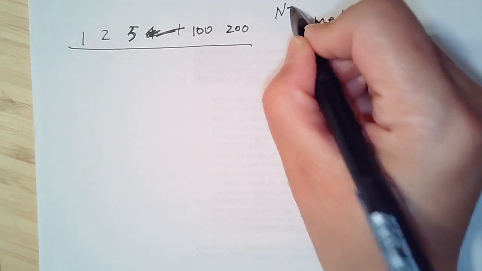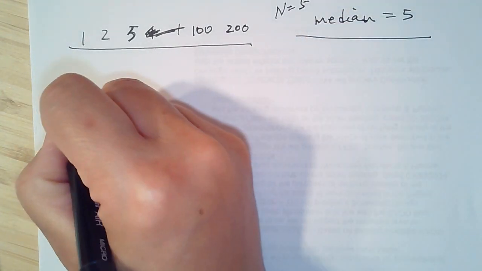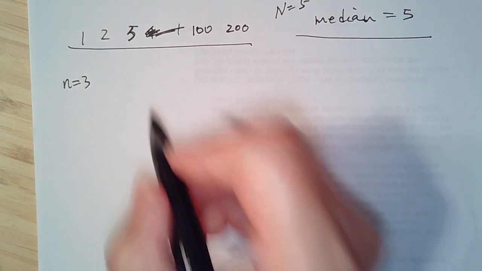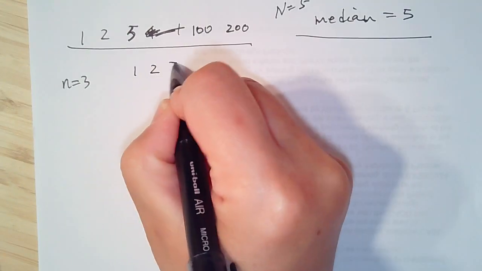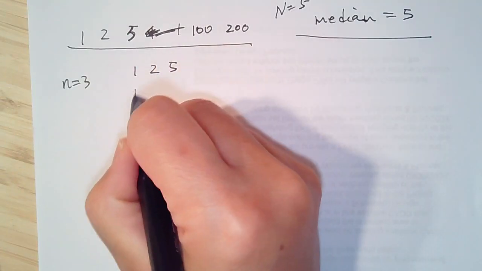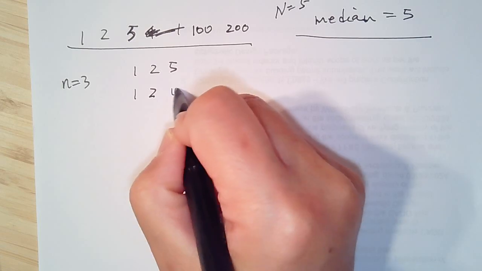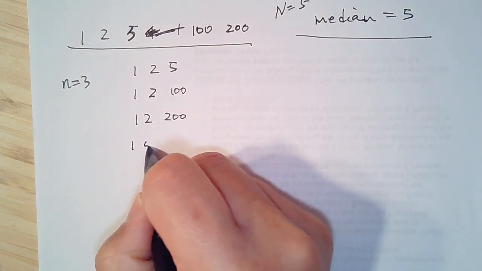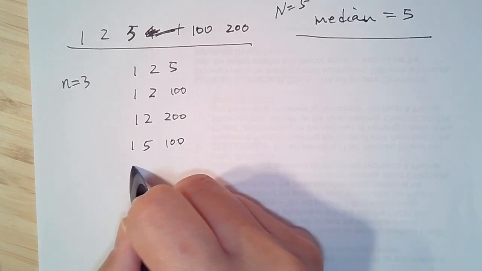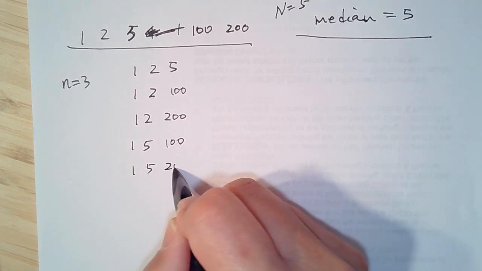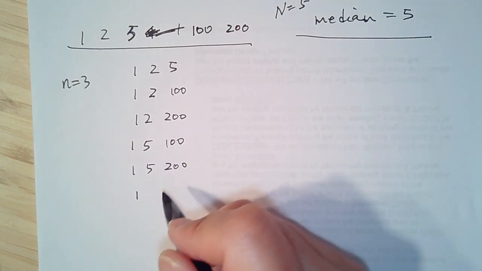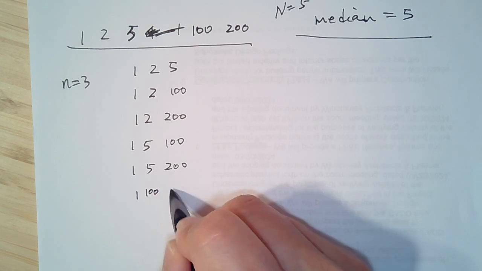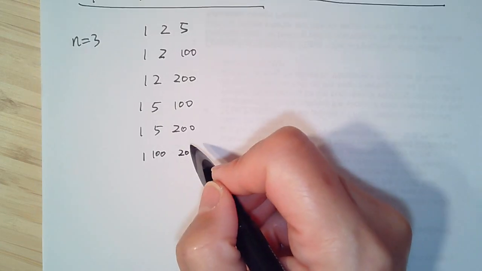Okay, N equals 5. Again, I'm going to choose a random sample of 3. So I'm going to have 1, 2, 5. Again, I have this in order. So 1, 2, 100, and 1, 2, 200, and 1, 5, 100, and 1, 5, 200, and 1, 100, 200. Okay, I can keep going.